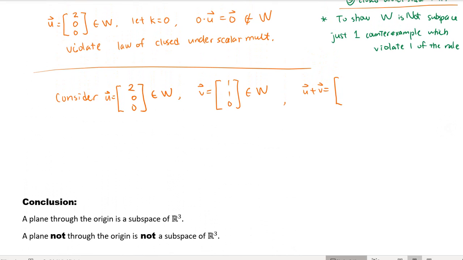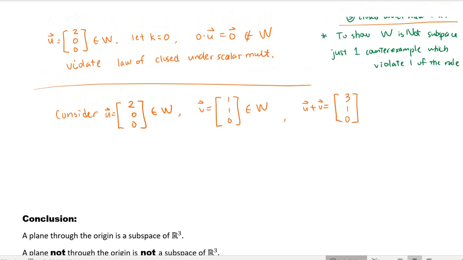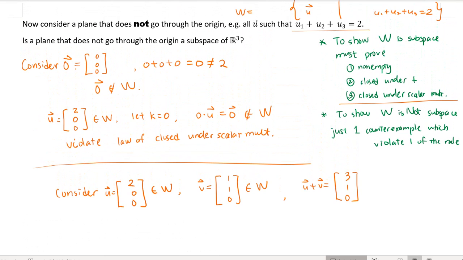Alright, so U plus V is 3, 1, 0. So is 3, 1, 0 in W? Okay, now let's check. When we add those coordinates together, we get 4, which is not 2. So now we know this is not in W. That's why we find two vectors in W, but their sum is not in W. So it violates the law of closure under addition.